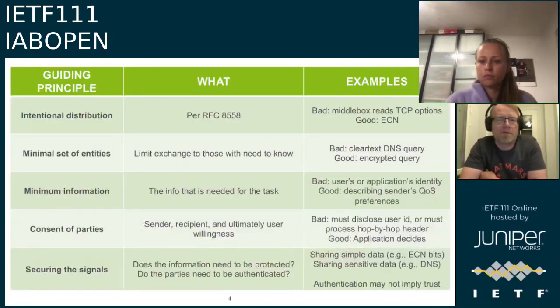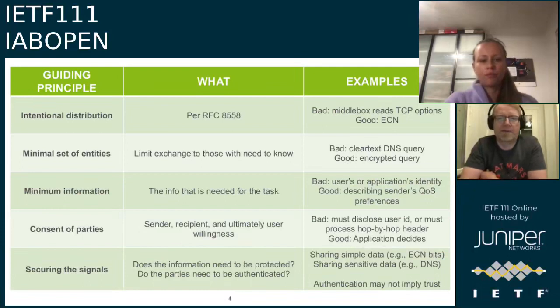Okay, so our document then goes through a couple of different things and tries to make some recommendations at a sort of abstract high level. The first one is this intentional distribution, basically following what RFC 8558 said. So don't do things by accident. Do things if you actually intend to provide some information.